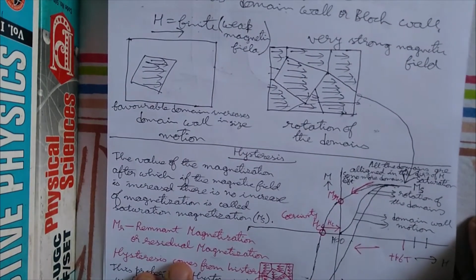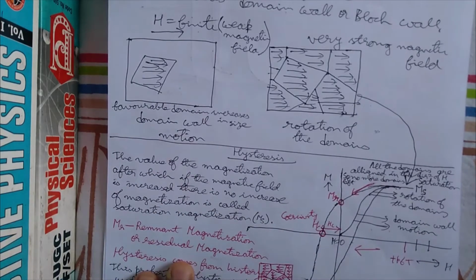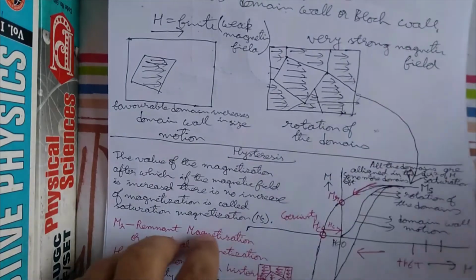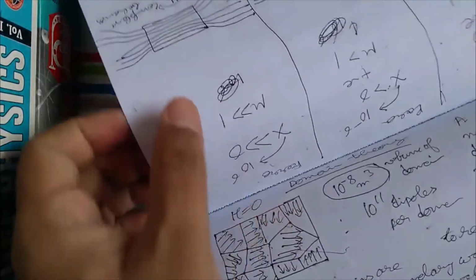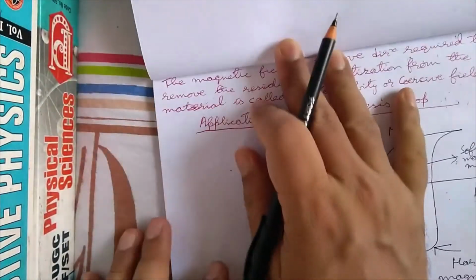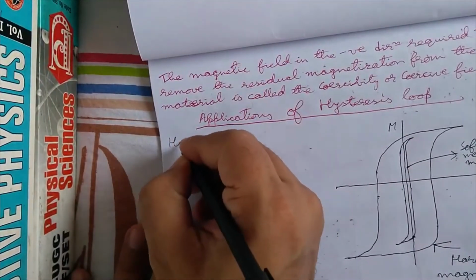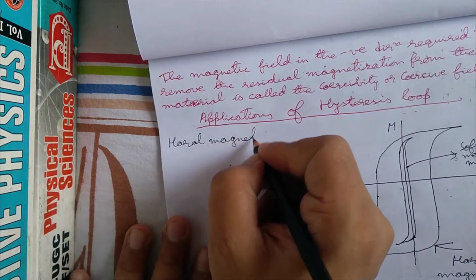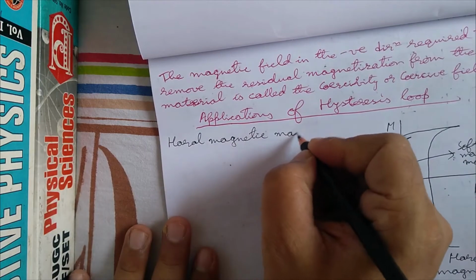Work is done by the rotation and movement of these domains, and this work leads to loss. This is called the hysteresis loss. So this hard magnetic material is one for which the loss is more.